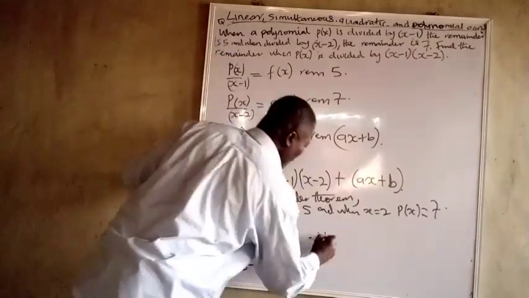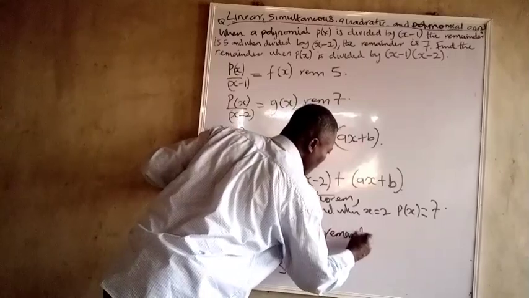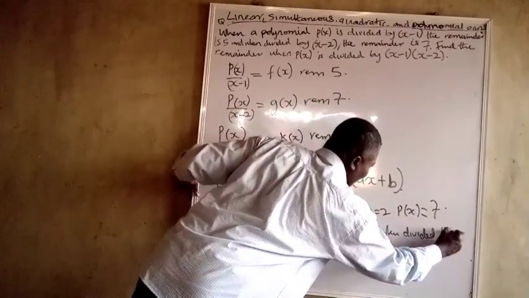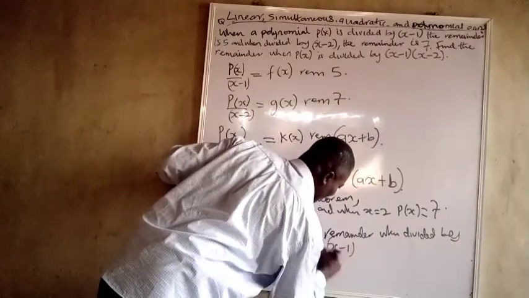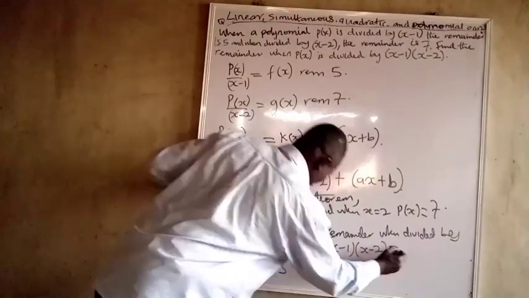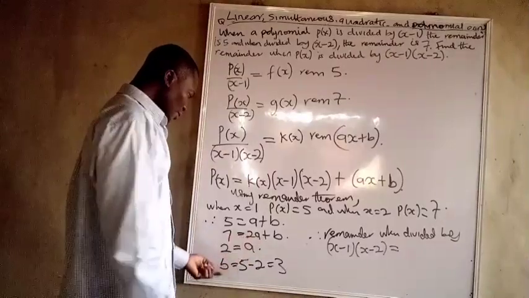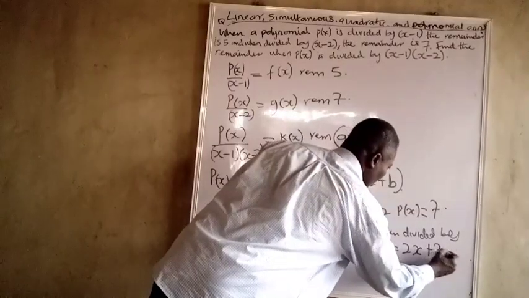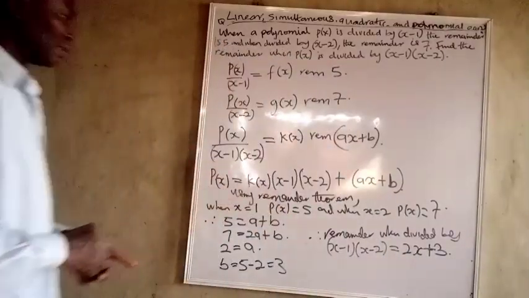Therefore, the remainder when divided by x minus 1, x minus 2 will be 2x plus 3. So the answer is 2x plus 3.